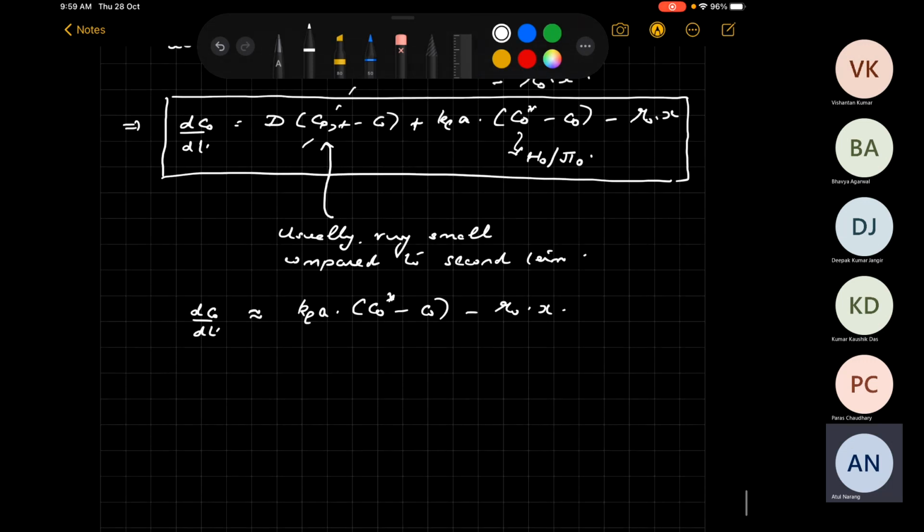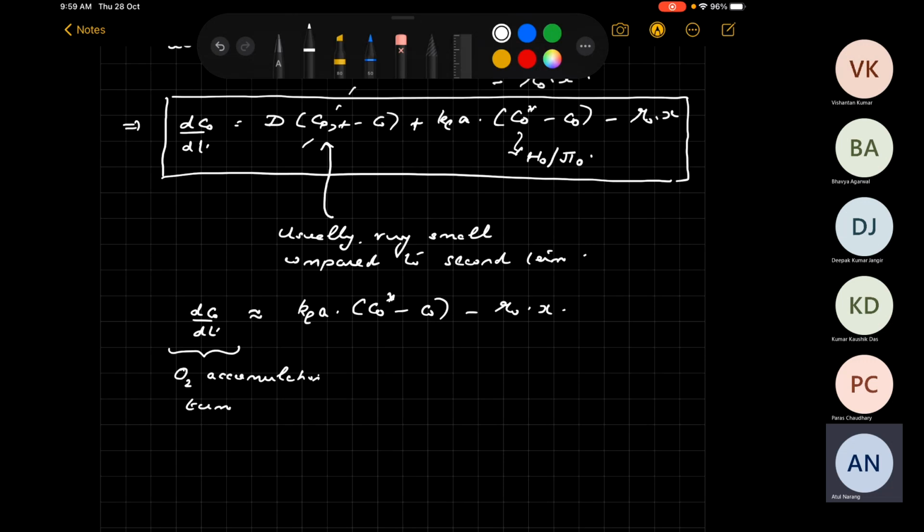Now, the second thing I want to point out is that because the solubility of oxygen in water is very small, this is what you call the oxygen accumulation term. This is the rate of increase of the oxygen concentration in the liquid.